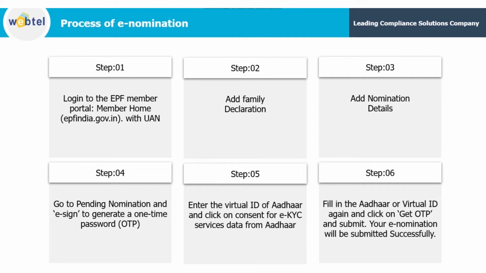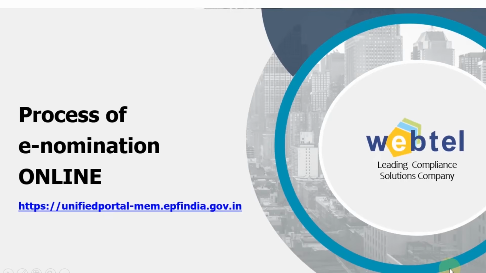We have to e-sign the documents using the Aadhaar OTP. Fifth, we will have to provide the Aadhaar KYC details to verify that the Aadhaar is actually correct or not. And the last one is that we will have to verify it through Aadhaar also. And then the e-nomination is submitted successfully.